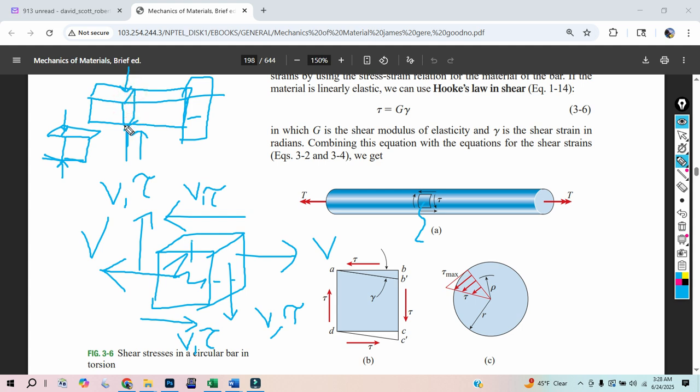So I'm going to say, this chunk right here has this face, and let's give this face some thickness. So there you go.